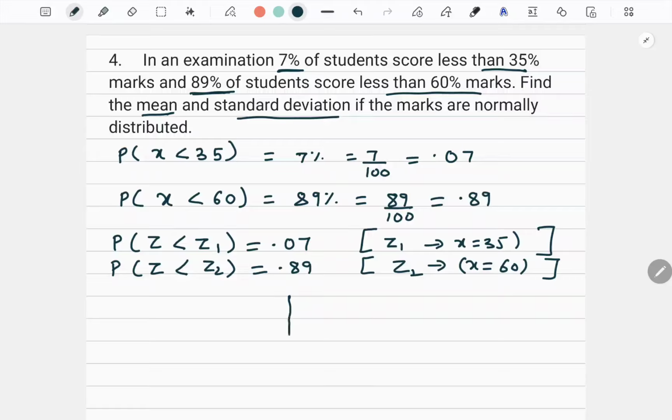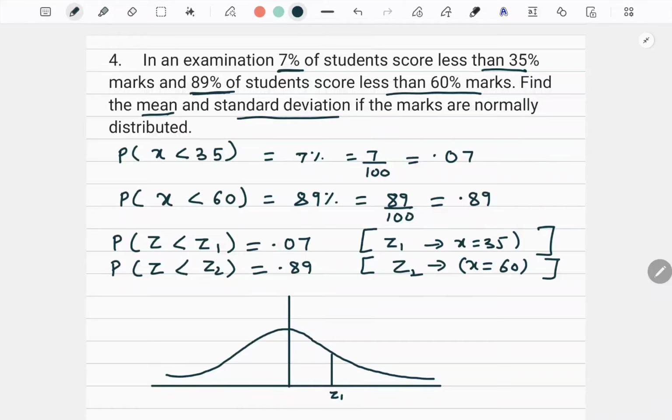Now if I do the normal curve, first of all I need to place z1 and z2. I don't know where I should place it. So let me randomly take this part. Suppose this is z1.